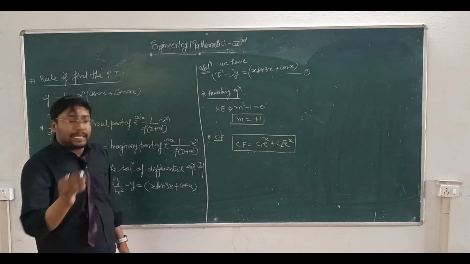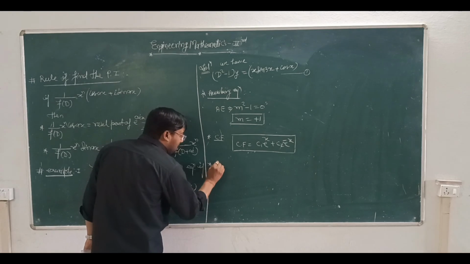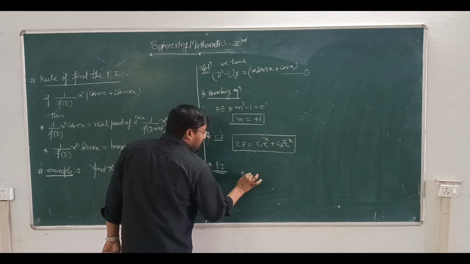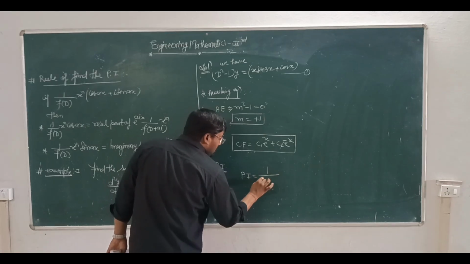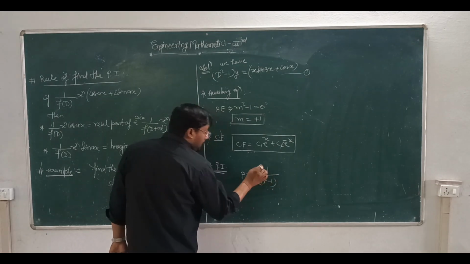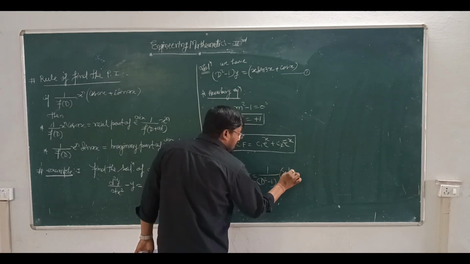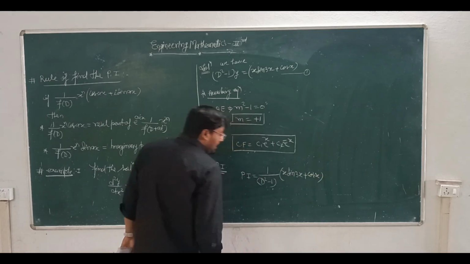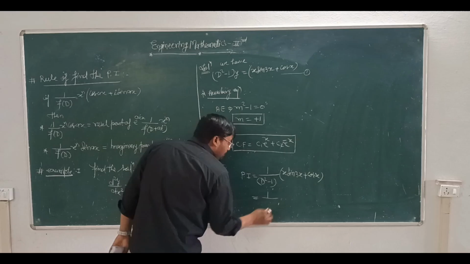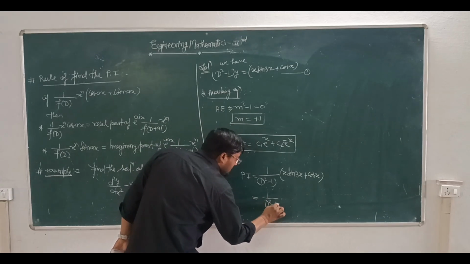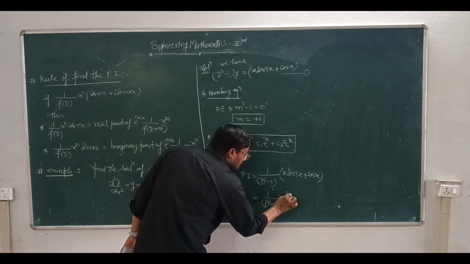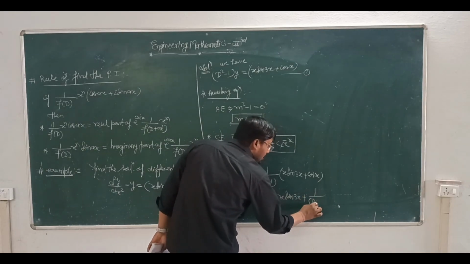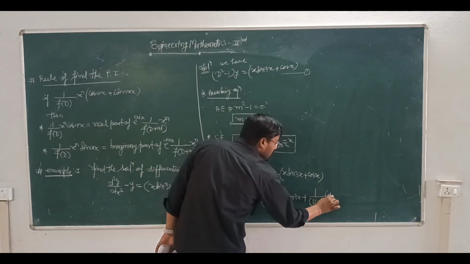Now next is finding the PI, this means particular integral. First of all, write the PI is equal to 1 upon D square minus 1 of x sin 3x plus cos x. Now write 1 upon D square minus 1 x sin 3x plus 1 upon D square minus 1 cos x.